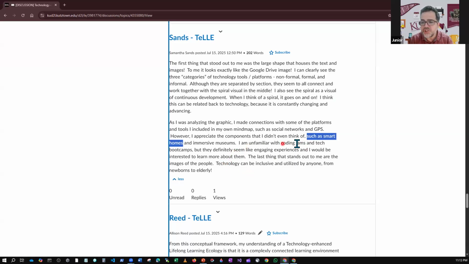So, coding jams. A jam is an event that is organized for people with the same interest to go, and they are given a challenge, and they have a specific amount of time to figure it out or be able to do something. Some examples are coding dojos.